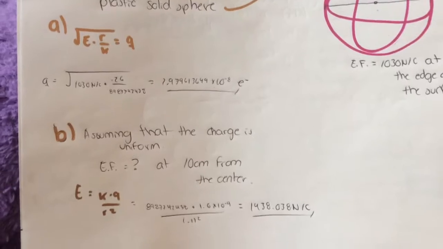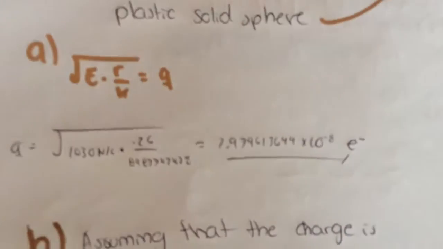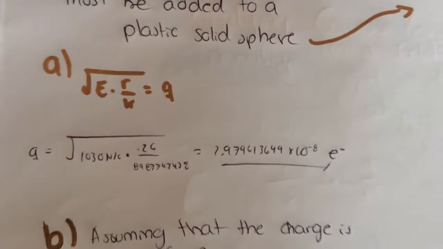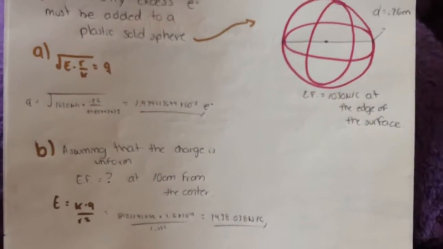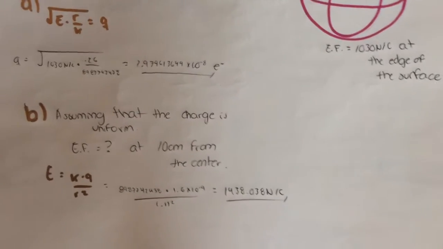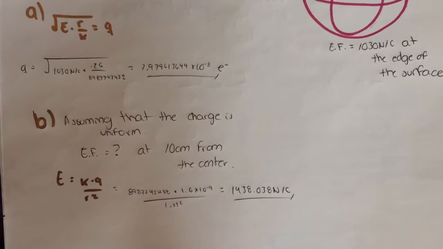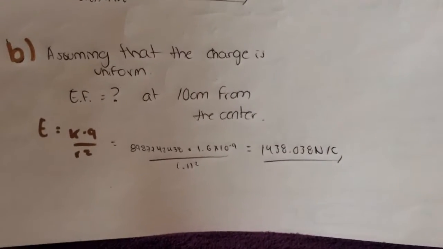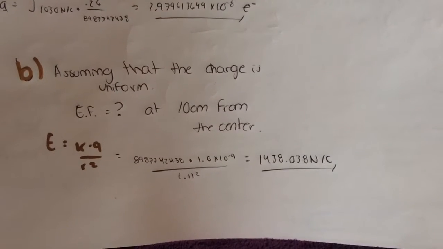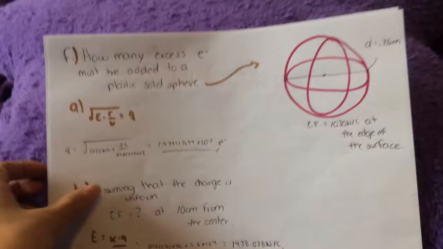For question number 1, we use this formula, the square root of the electric field times the distance over constant K, to get the electrons. For question number 2, the charge is uniform and they ask for the electric field at 10 centimeters from the center. We use the formula electric field equals constant K times charge over distance squared.